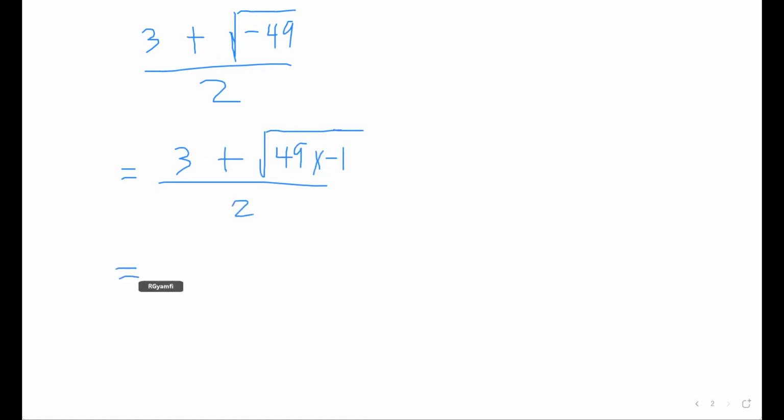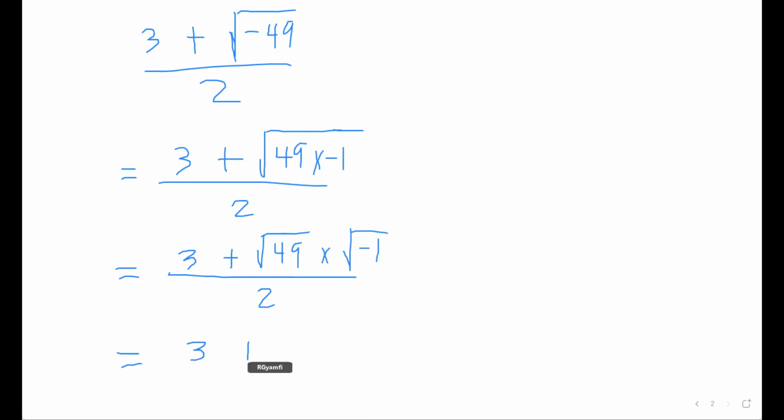This gives me 3 plus the square root of 49 times the square root of negative 1, all over 2. The square root of 49 is 7, so we get 3 plus 7i, all over 2. That's pretty much it. Or you could rewrite this as 3 over 2 plus 7 over 2 i. Same thing. It's got the same denominator, so adding them will bring you back to that.